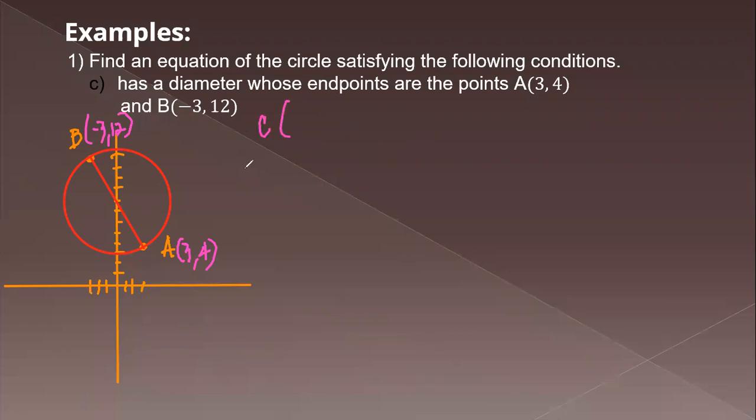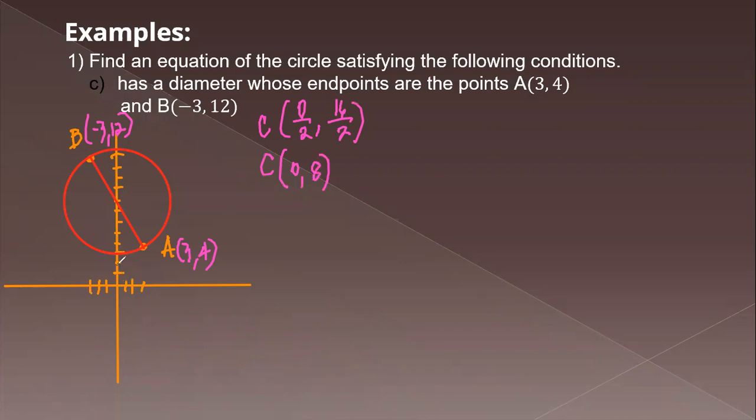Let us denote it by C since we're looking for the center. We have 3 plus negative 3, that is 0, over 2. We have 12 plus 4, that is 16, over 2. So the center will be at 0, 8.